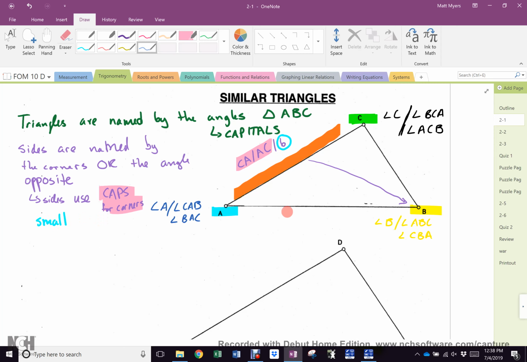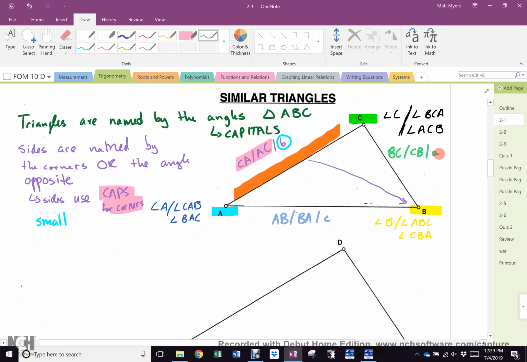Okay. So what are the three names of this side along the bottom? What is it? AB or BA or lil c. And what would this side be? BC or CB or lil a.